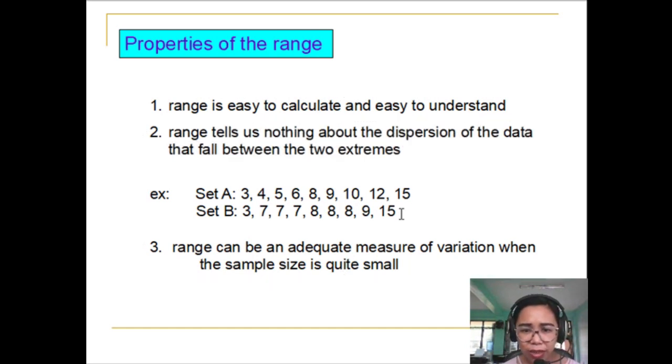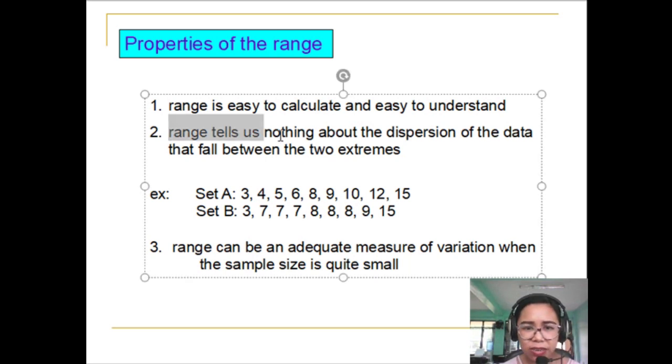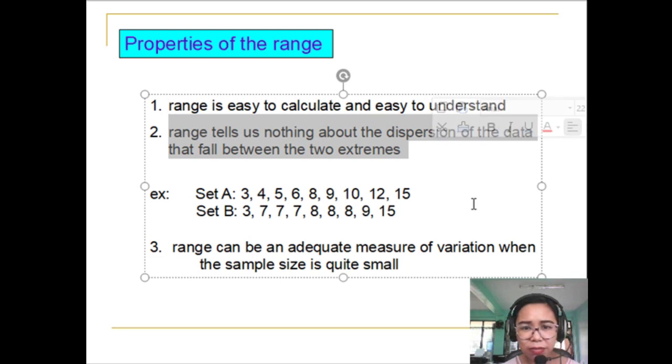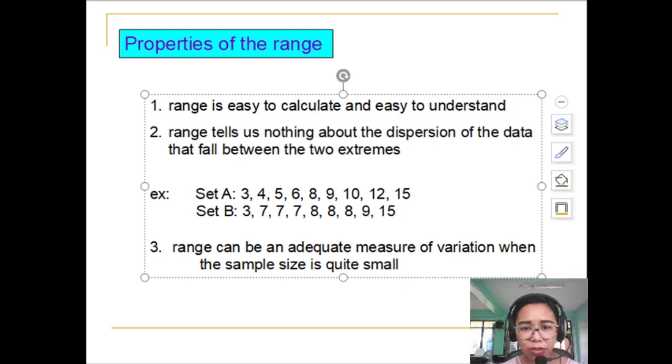Given that they have the same highest value and lowest value, take note that they will yield the same value of the range. But if you look at the data, it is obvious that set B is more dispersed or more varied than set A. So that is why it tells us nothing about the dispersion of the data that fall between the two extreme values.